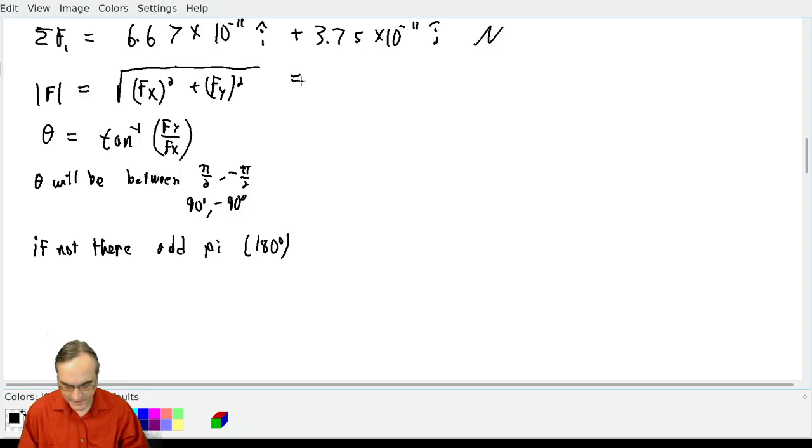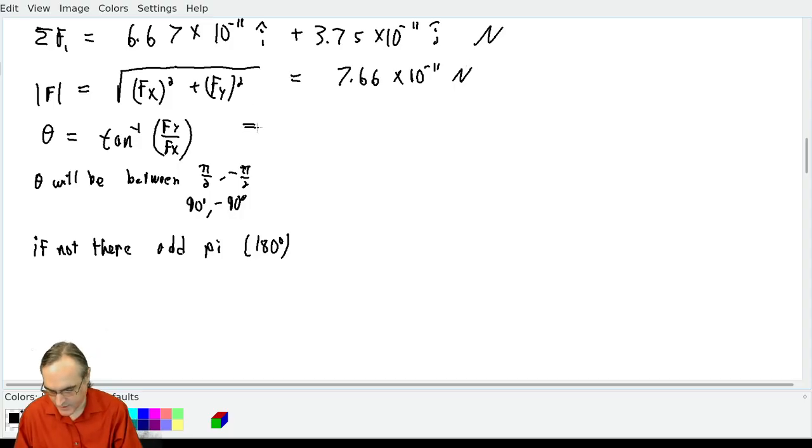So if we put the numbers in, we'll take 3.75 times 10 to the minus 11 and square it, and then we'll add 6.67 times 10 to the minus 11 squared. Take the square root, we get a magnitude of 7.66 times 10 to the minus 11 newtons, and we get a direction. Let me make sure I get this right: 3.75, we can drop the 10 to the minus 11 because it will cancel, divided by 6.67, and then inverse tangent.